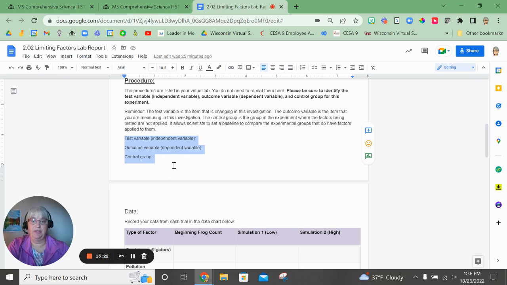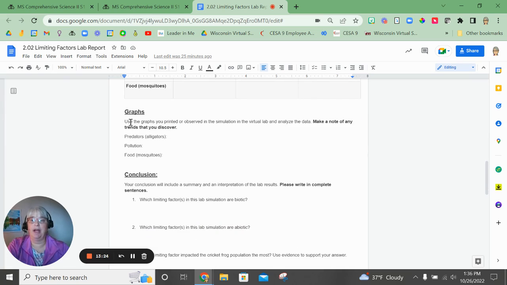All right, so you're almost done. Now you are going to do some description. You're going to use the graphs either that you printed or you observed in the simulation. Those lines, what happened when you had the limiting factor of low alligator population? What happened to the red line of cricket frog population? What were the trends that you noticed?